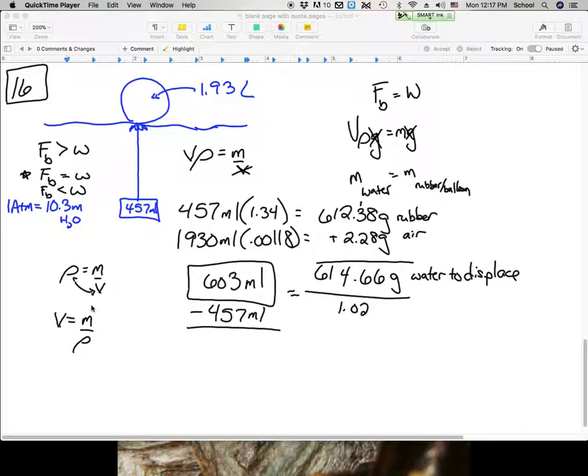So 603 minus 457. We need to shrink that balloon down to 146 milliliters, and anything less than that is going to make it sink. Right now it's 1,930 milliliters. I've got to shrink that all the way down to 146 milliliters, so I'm going to have to do quite a bit of pushing.